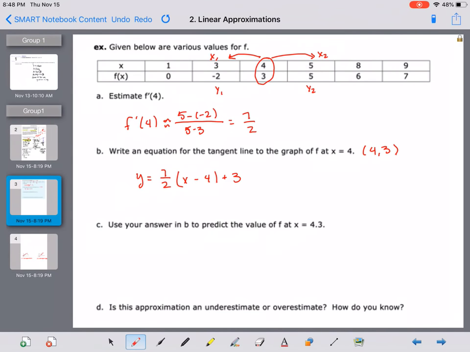Now I can use that equation to evaluate values that are close to 4. The further I get away from 4, the worse my approximation is going to be. The closer I am to 4, the better my approximation is going to be. Okay, so I can just simply take it and plug in. So y equals, I'm going to change that into a decimal. That is a terrible 3.